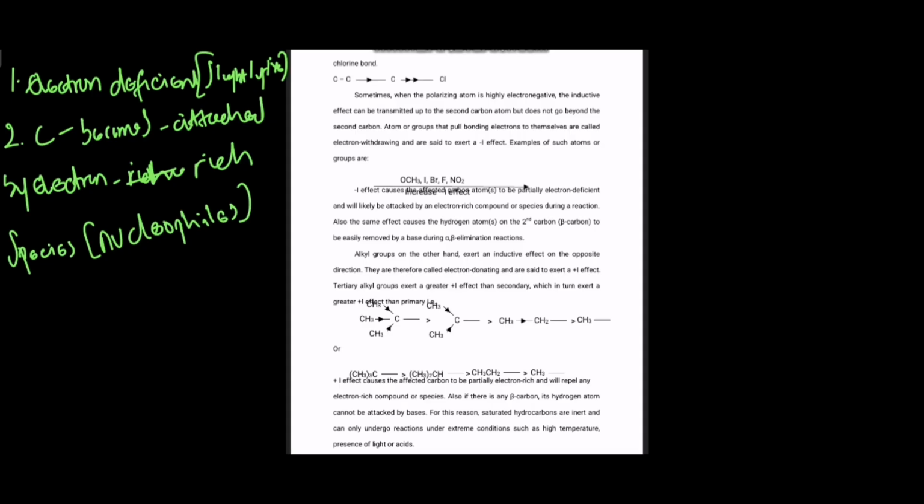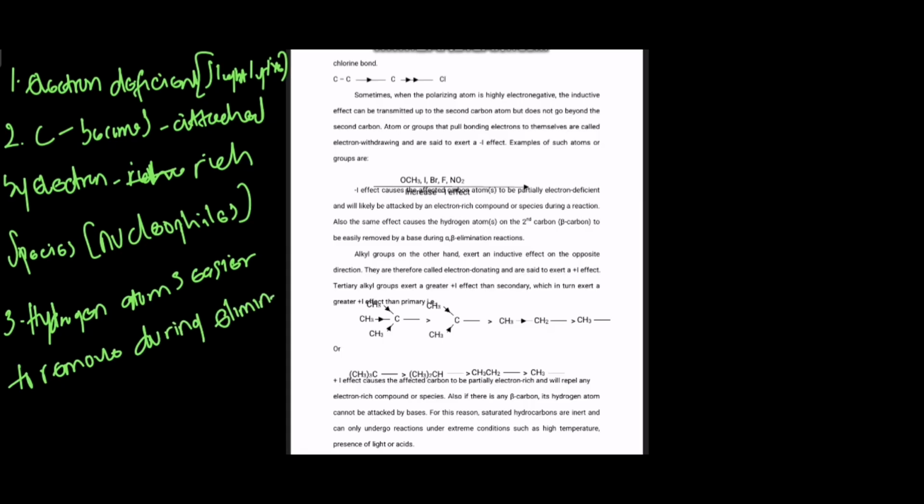The third effect of this negative inductive effect is that it makes the hydrogen atom attached to carbon easily removed during elimination reaction, which is the removal of hydrogen, that is dehydrogenation.